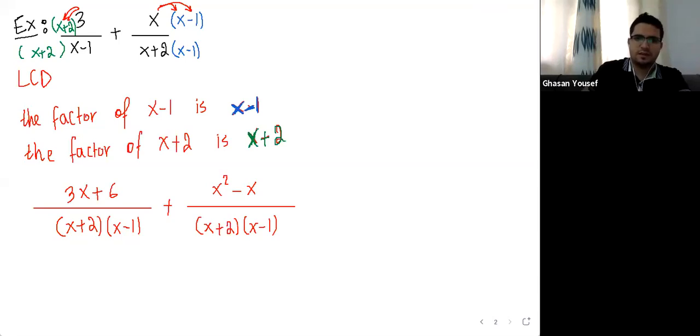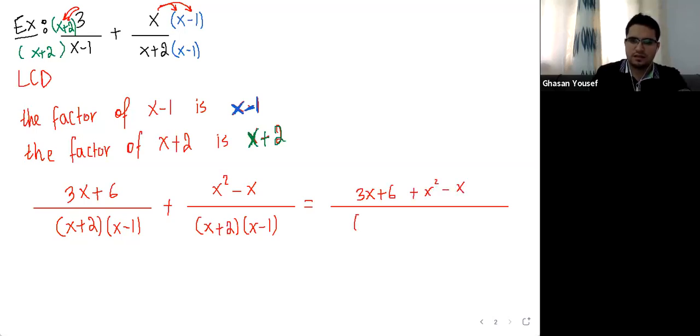So this is equal to 3x plus 6 plus x squared minus x, and the denominator is the same, x plus 2 times x minus 1.